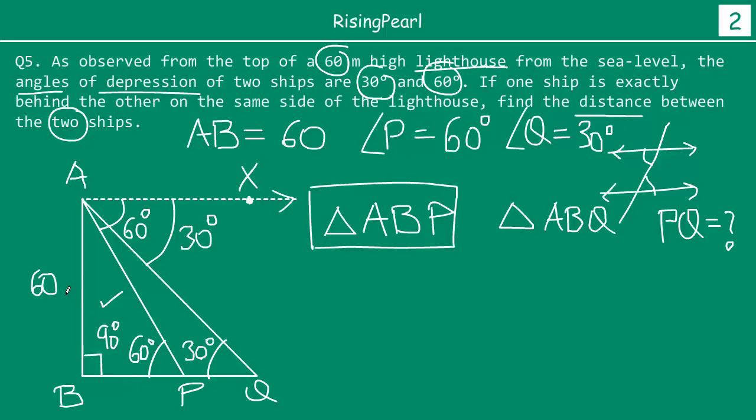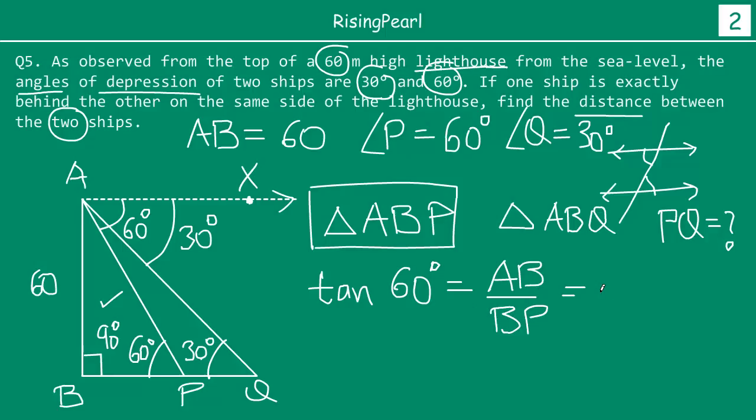What is the relationship between these two sides for this angle? Well, the relationship is tan 60 degrees is equal to AB divided by BP.